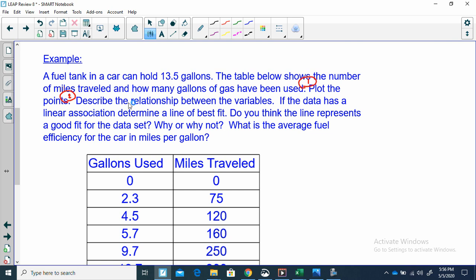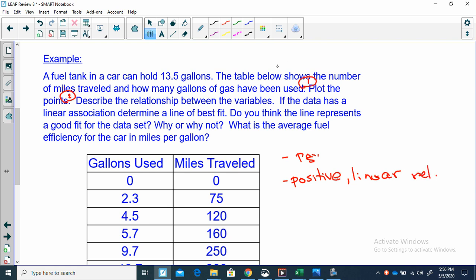So, describe the relationship between the variables: positive linear relationship.